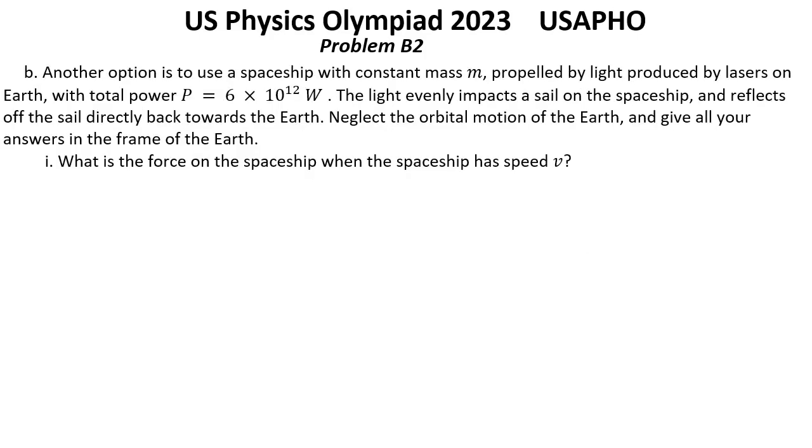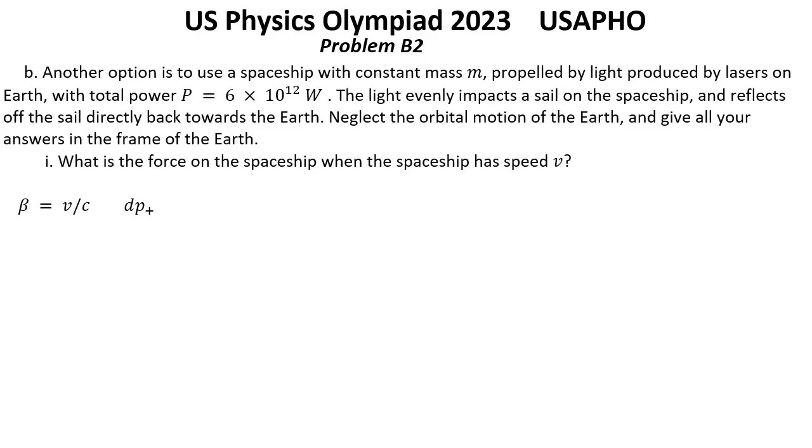Second solution for the first question from part B. What is the force on the spaceship when the spaceship has speed v? Now let's do this problem in the spaceship frame of reference. First take beta equal to v over c, where v is the speed of our spaceship. Let's take a portion of momentum delta p plus, which affects our ship over time delta t.